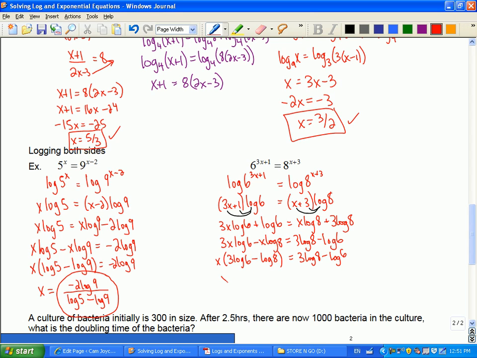And I can divide to get rid of that factor there. So it looks pretty messy, but again, it's something I could just give to my calculator. It'll give me the decimal number that I'm expecting to solve that equation.